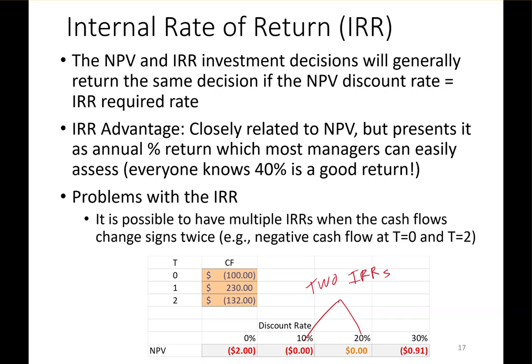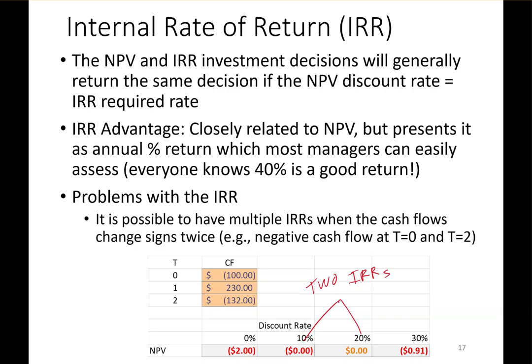One warning on NPV and IRR. Normally NPV and IRR give you the same answer as far as do I invest. The criteria for NPV is you invest in any project that has a positive NPV because it creates value given a discount rate.